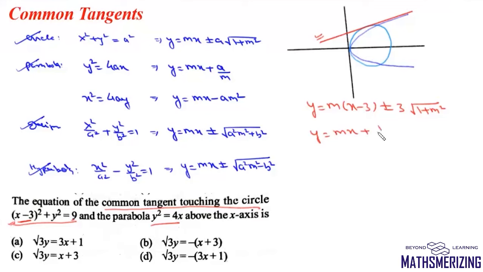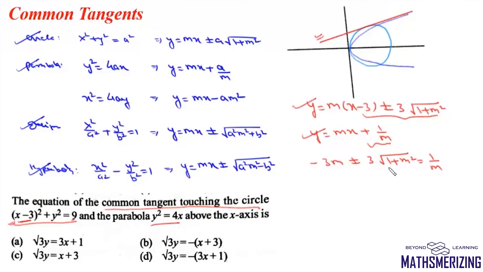In this case a is 1, so it will be simply 1 by m. So we can write this as minus 3m plus minus 3 under root of 1 plus m square, and this should be equal to 1 by m. So we have just compared the constant terms because it's a common tangent. So we need a line which is tangent to both the curves. That means these two equations have to be coincident lines.